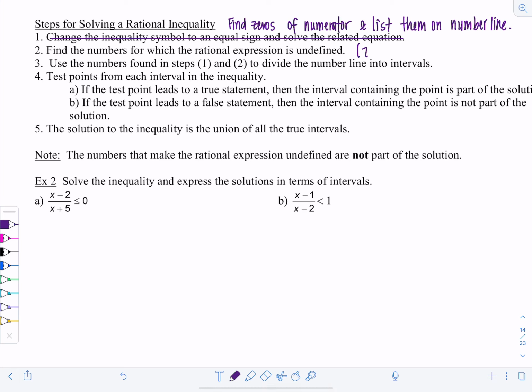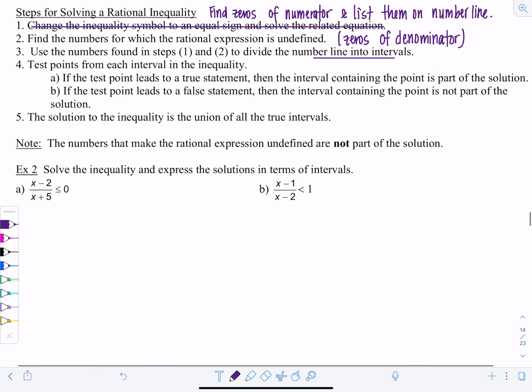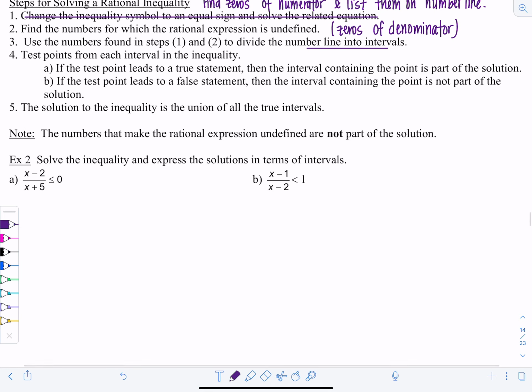So that's the zeros of the denominator. You're finding the zeros of the numerator and the denominator. You're going to use those numbers to divide the number line into intervals. You're going to test points from each interval in the inequality, same as before. If it leads to a true statement, then it's part of the solution. If it's a false statement, then it's not part.